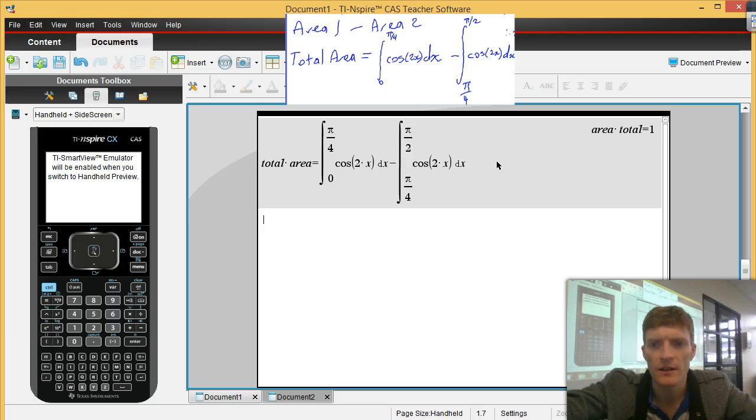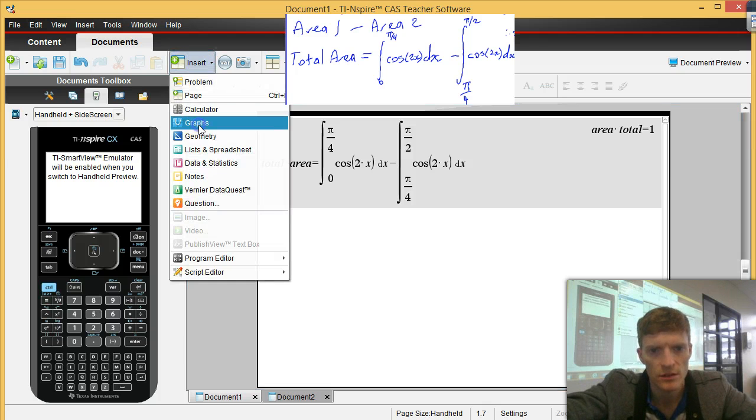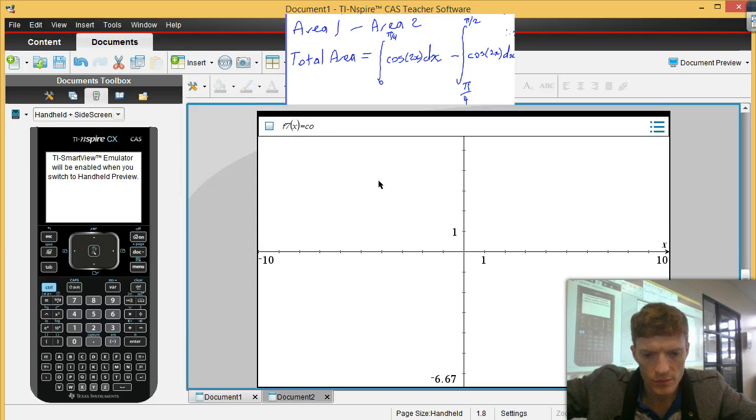Interesting. Okay, now let's compare that to the sketch of our function. So I'm going to insert a graph. Let's sketch our function cos of 2 times x. There it is.